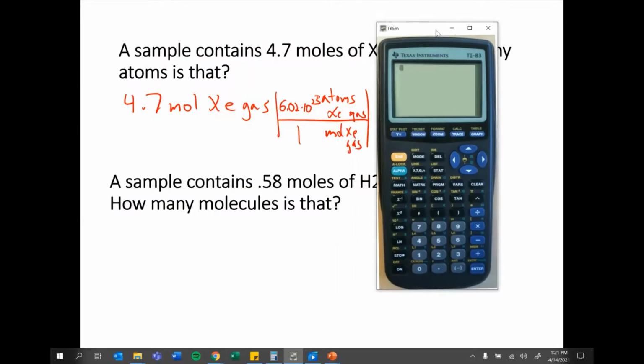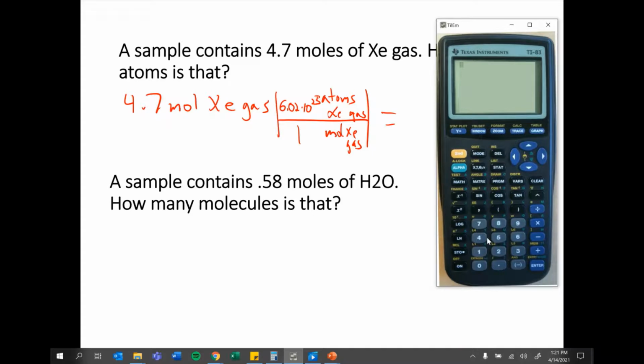And I'm going to bust out my TI calculator for this. Look at how, so I do 4.7. There's a couple of ways that I can do this. I can do times 6.02, and the most traditional way is to do times 10 to the power of.